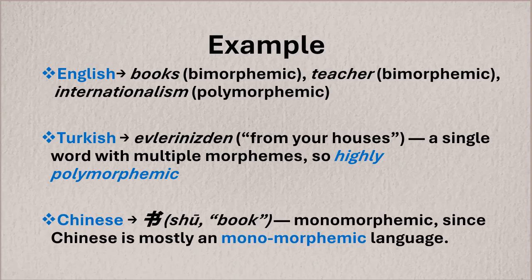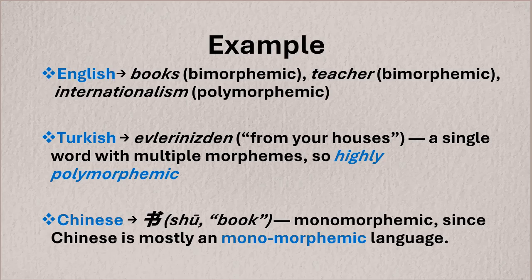That's why Turkish is considered highly polymorphemic. And in Chinese, the word shu, meaning book, is monomorphemic, a single unit of meaning. Chinese is mostly a monomorphemic language, where each word usually equals one morpheme. So across languages, the concept stays the same, but the number of morphemes per word varies depending on the language's morphological type.